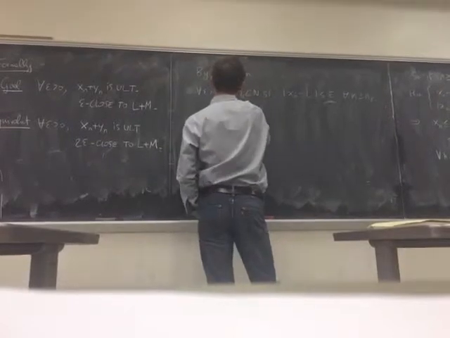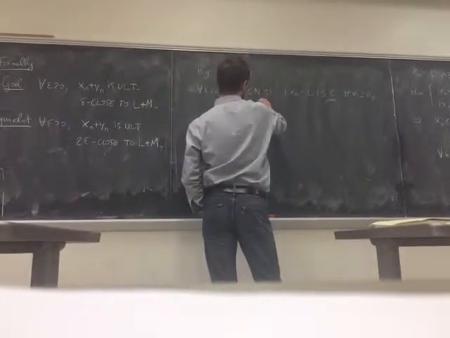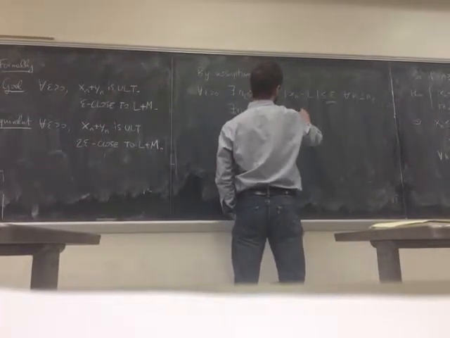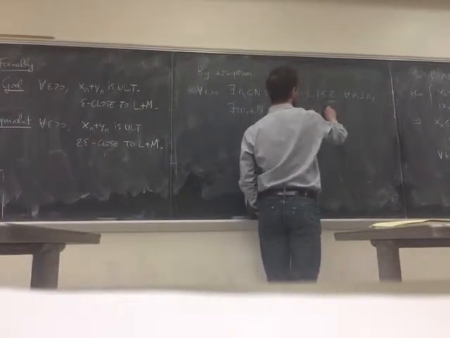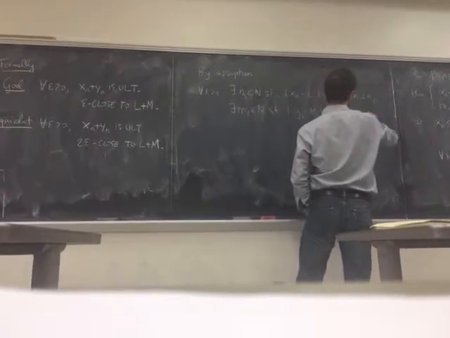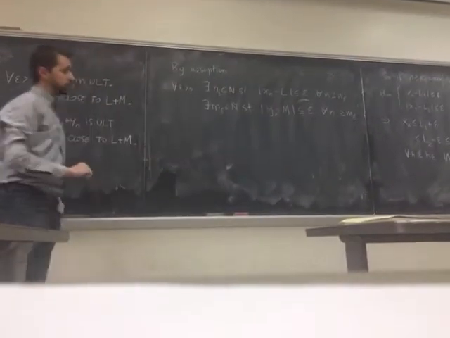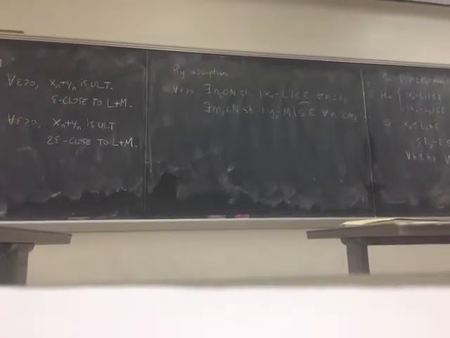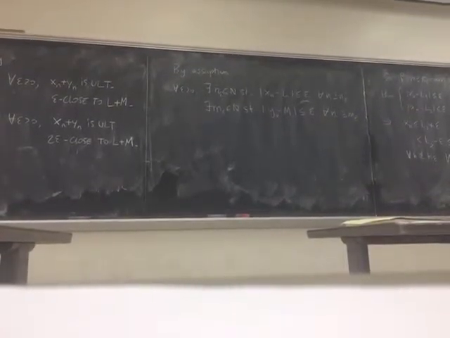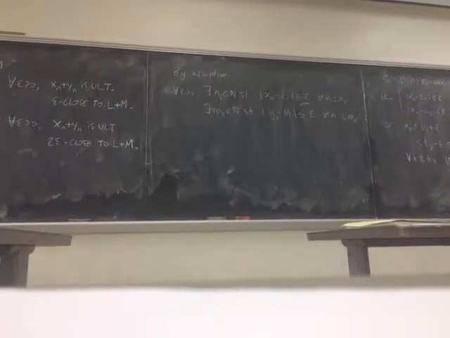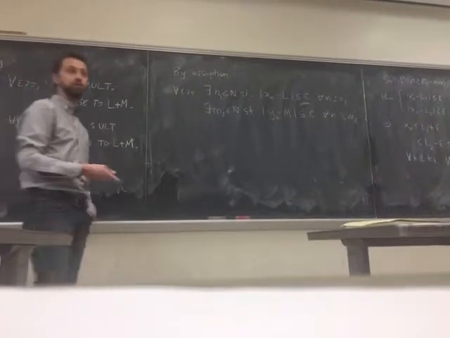And there exists a second threshold, M of epsilon, such that |yn minus M| is less than epsilon for every n larger than M of epsilon. So I've just written down the definition of limit for xn and yn. That's what it means. So we do exactly the same trick we did in the previous proof.